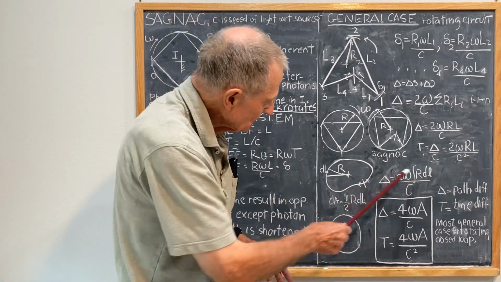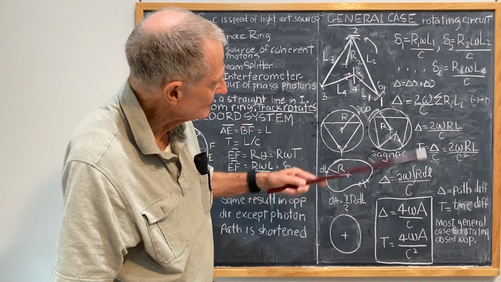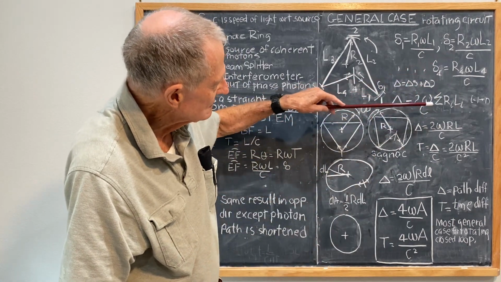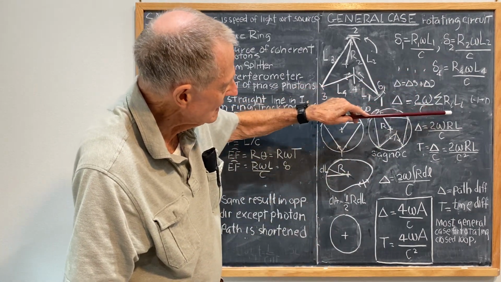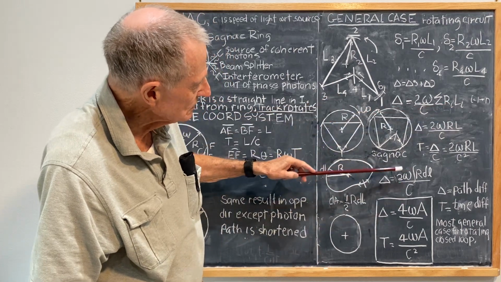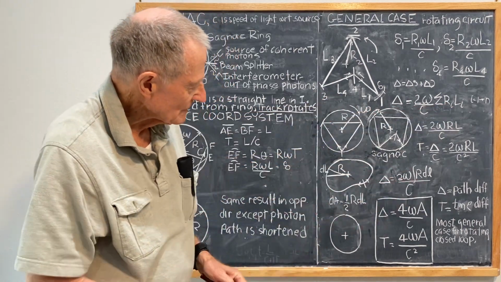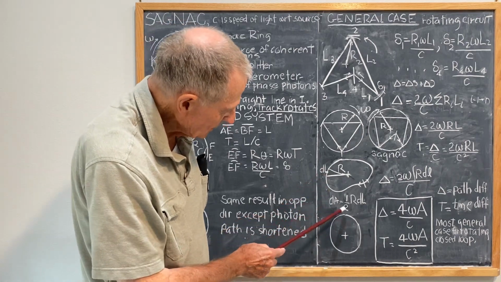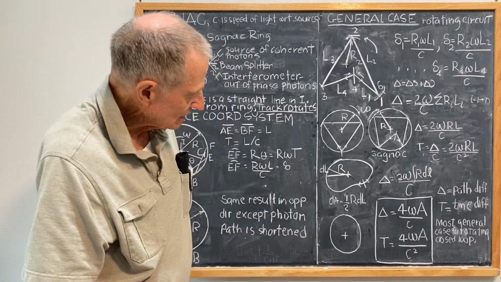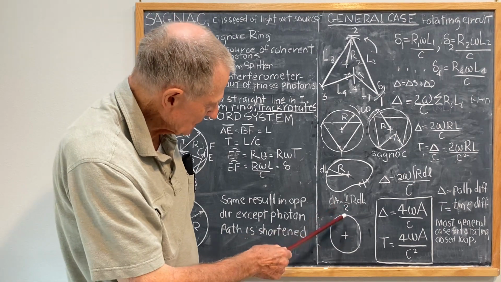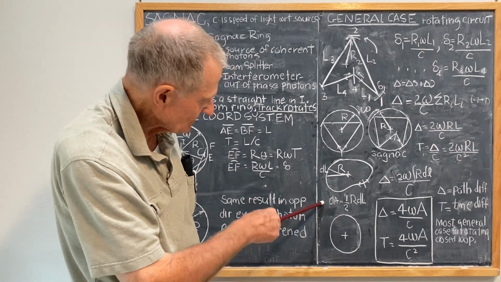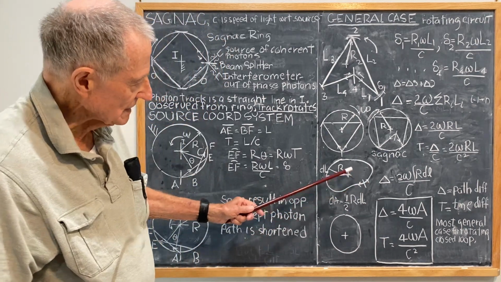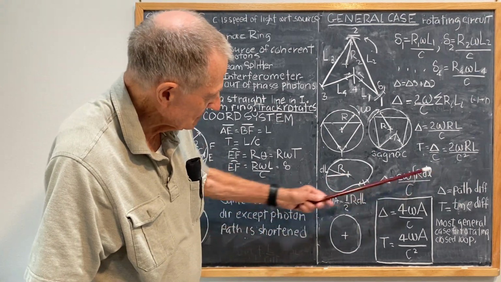So going in both directions, the sum sigma RL becomes the integral R dL, and dA is 1/2 R dL, so the integral of R dL is twice the area.